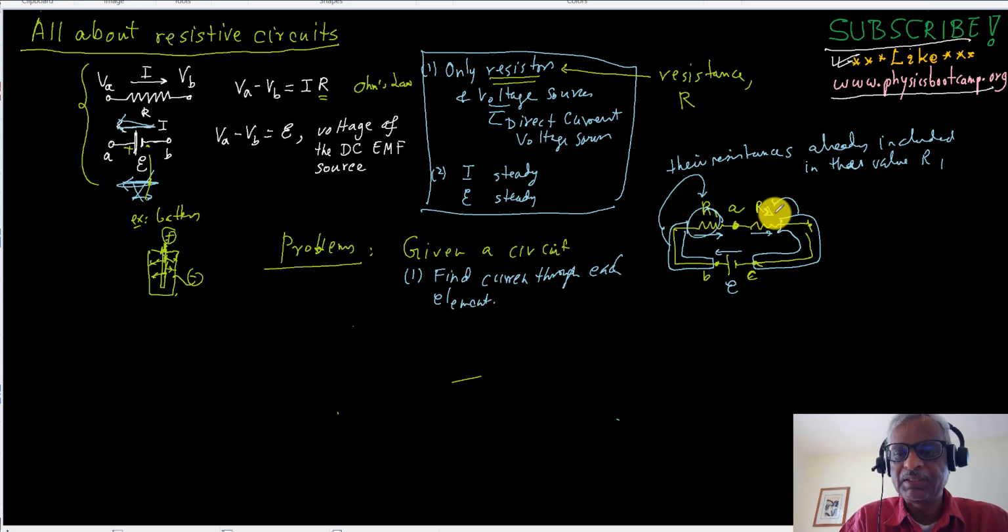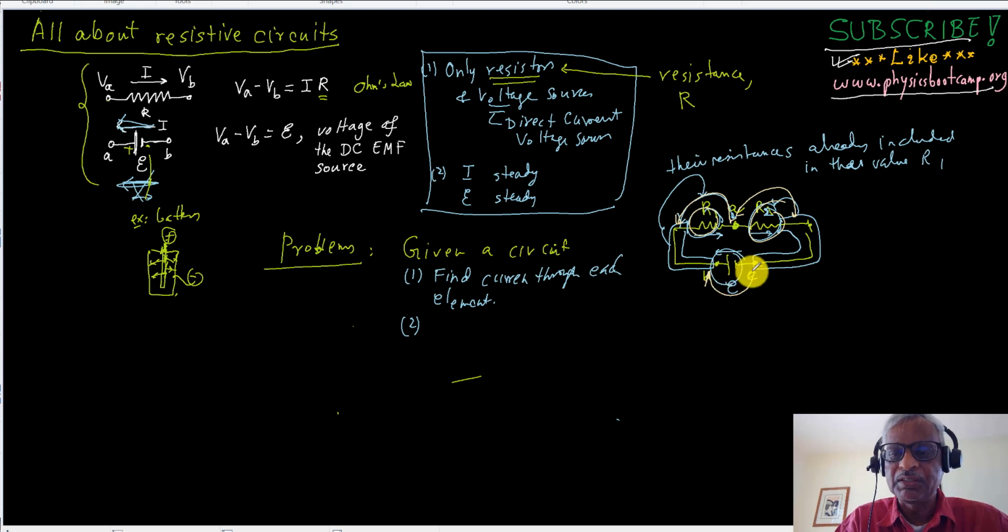This is one element, this is another element, this is another element. How much current is going through each one of them? Another question is, what's the voltage drop across them? What's the voltage drop across this element? What's the voltage drop across this element? What's the voltage drop across this element?